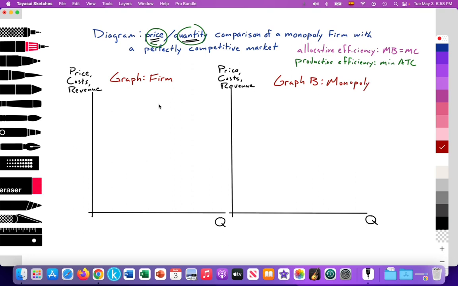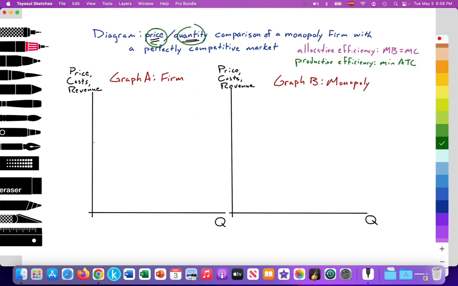Oh, and I forgot to label that this is graph A. Graph A is the individual firm.